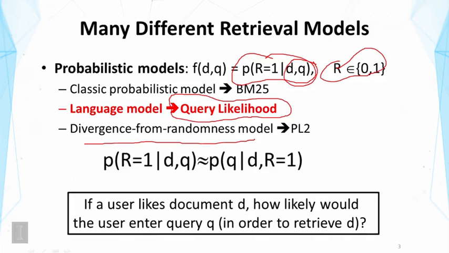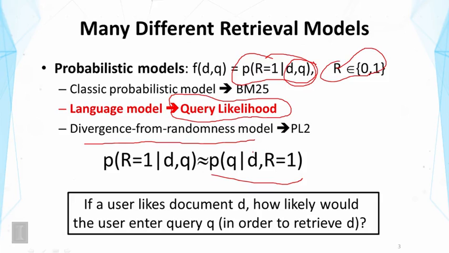In query likelihood, our assumption is that this probability of relevance can be approximated by the probability of query given a document and relevance. So intuitively, this probability just captures the following: if a user likes document D, how likely would the user enter query Q in order to retrieve document D?